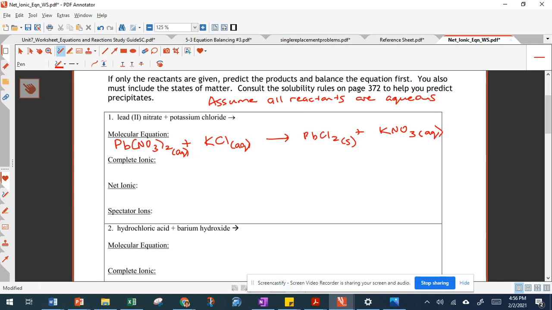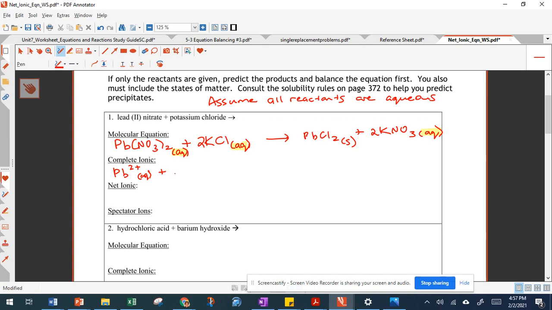Now we want to balance our equation. So we want to put a 2 here and then a 2 here to balance our equation. So our equation is balanced. For the complete ionic equation, I want you to take anything that says AQ and split it apart into its ions. So here we have Pb 2 plus. Each ion will be AQ.